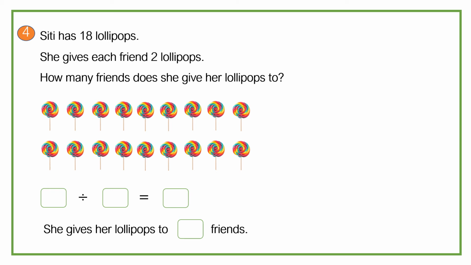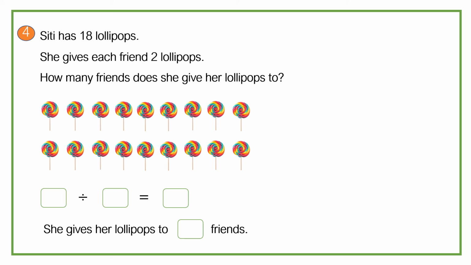So, pause this video and answer this question. Okay, so you can see that Siti has got to give 2 lollipops to each friend.